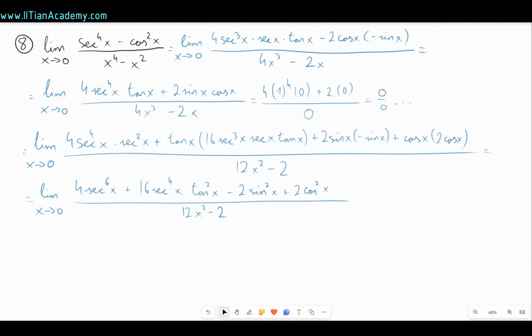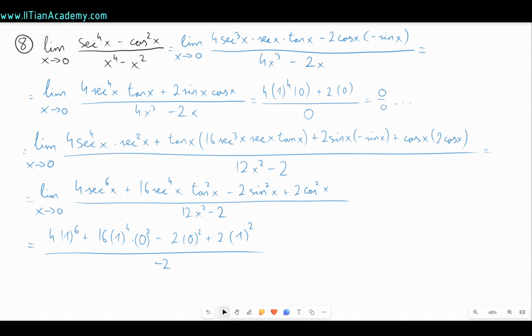Now hopefully we're not going to have to do this again. So let's plug in 0. So if we plug in 0, secant of 0 is 1, plus 16 times the secant of 0, which is 1 again, times 0 squared, minus 2 times 0 squared, plus 2 times 1 squared, all over minus 2.